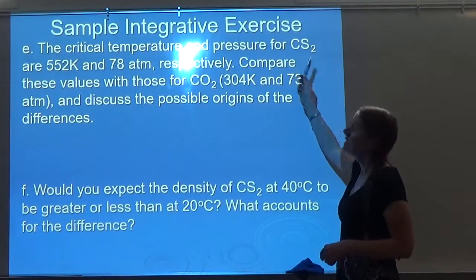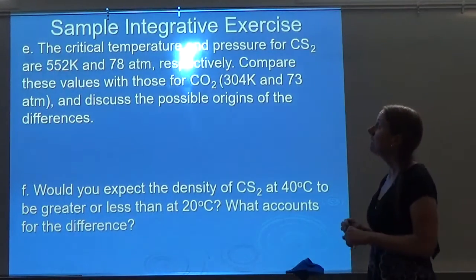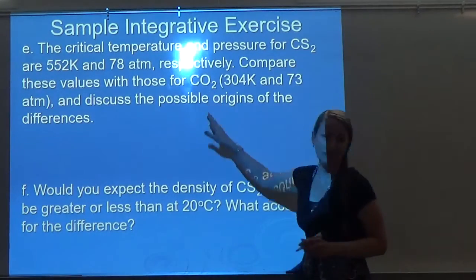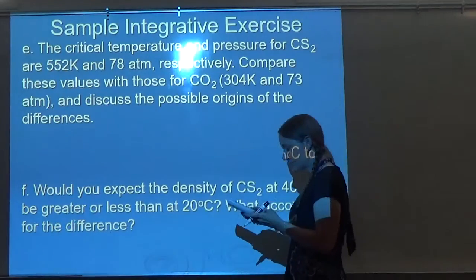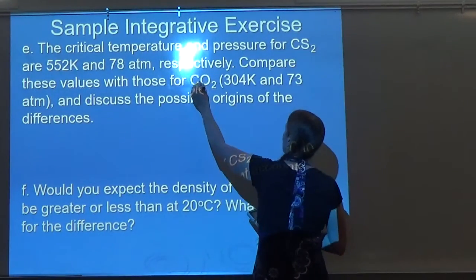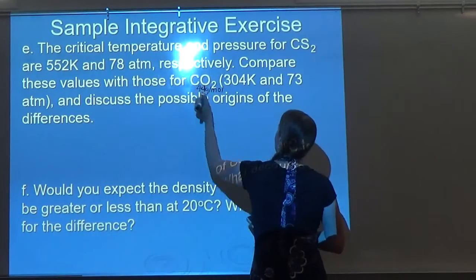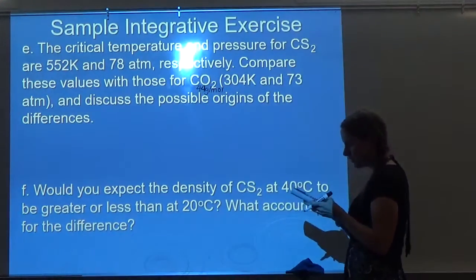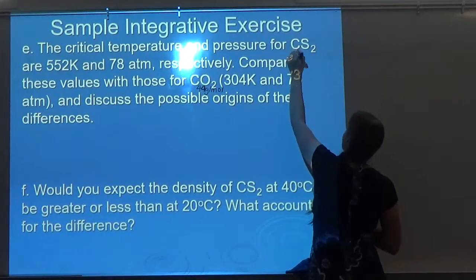Well, remember, London dispersion forces increase as molar mass increases. If I add up CO2 off the periodic table, carbon is 12 and oxygen is 16 times 2, I get 44 grams per mole. If I add up CS2, carbon's 12 and sulfur is 32 times 2, I get 76 grams per mole.